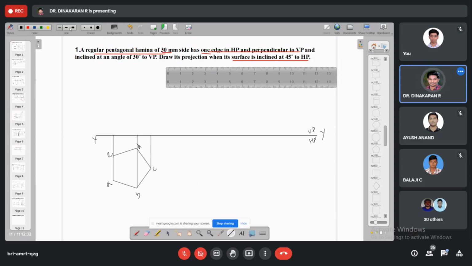Then after that, project it. What are the visible points? A dash, B dash, and C dash. B dash and C dash are visible. D dash and E dash are invisible. Okay. Surface inclination, how much is given?